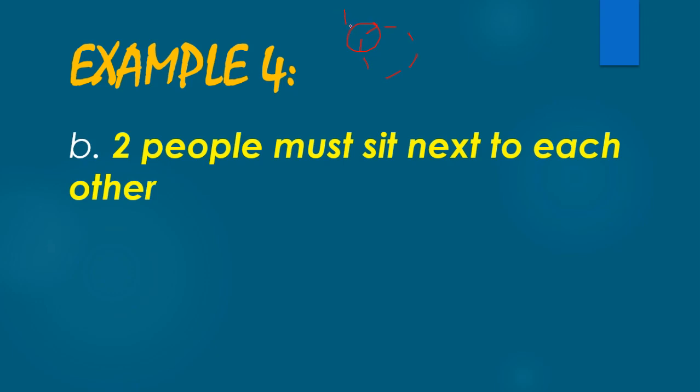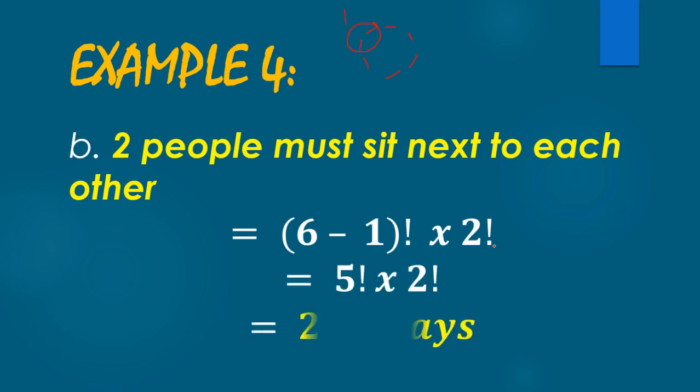And then we still have 1, 2, 3, 4, 5, 6. So our n now becomes 6. Therefore, we'll have 6 minus 1 factorial times, since the 2 people here can be arranged into 2 ways, times 2 factorial. That would be equal to 5 factorial times 2 factorial, and that would be equal to 240 ways.